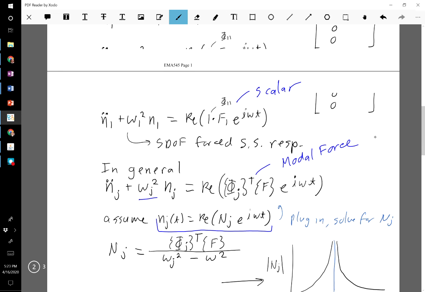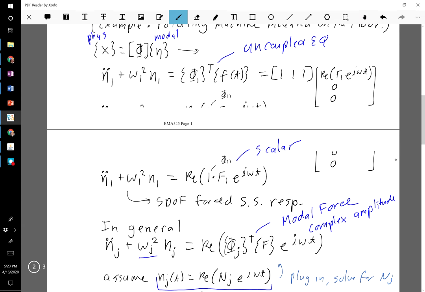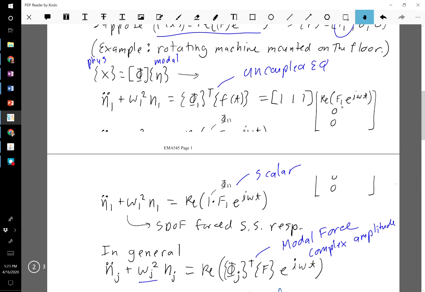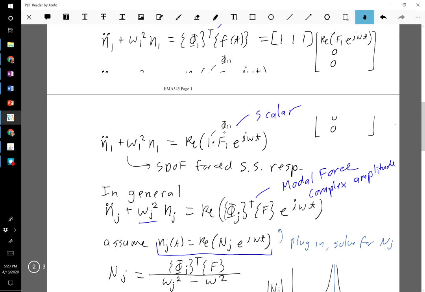And in this case, this would be a complex amplitude. So this tells us how much force the jth mode will feel. And in the case of mode 1, we saw that this ends up giving us a value of 1 here.